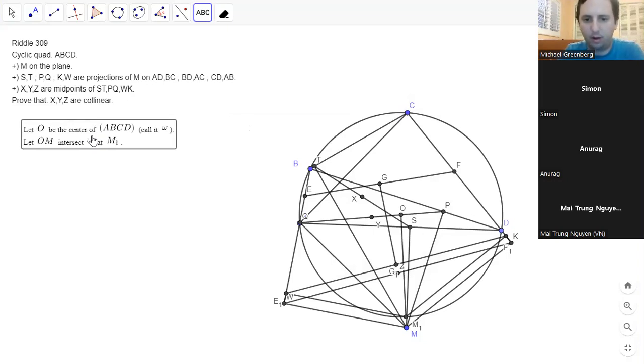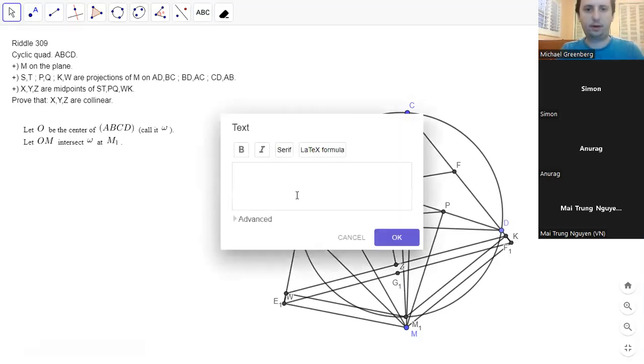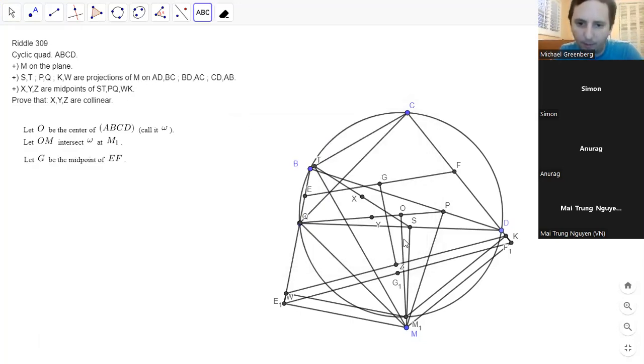And let E1, F1, and G1 be the perpendicular. Well, G1 is the midpoint. So I'll say let G be the midpoint of EF. Okay. And so yeah, I didn't even define E and F. So let E and F be the midpoints of B. So yeah, this looks like it's overlapping a little bit.